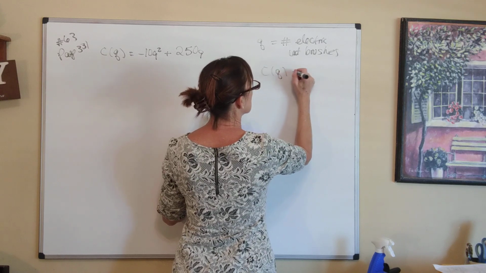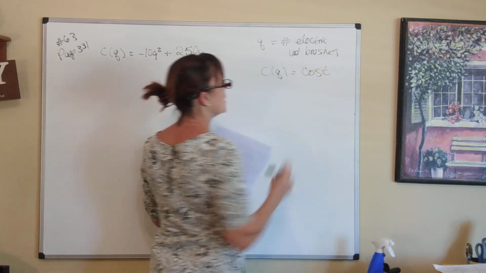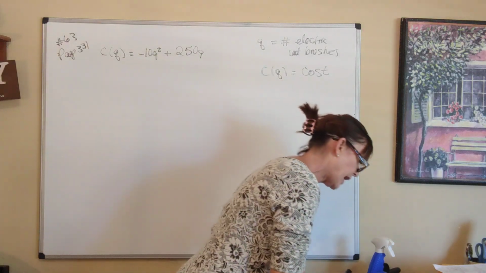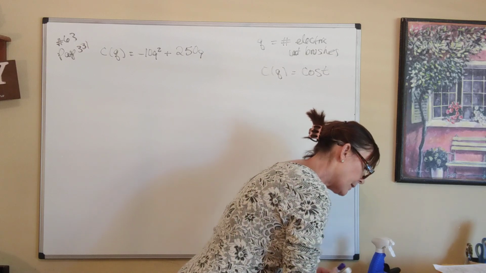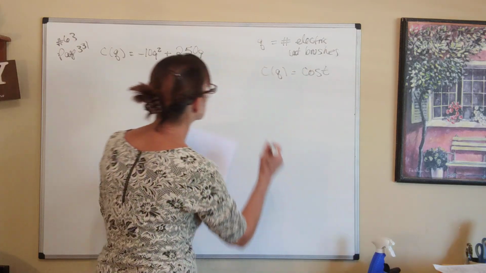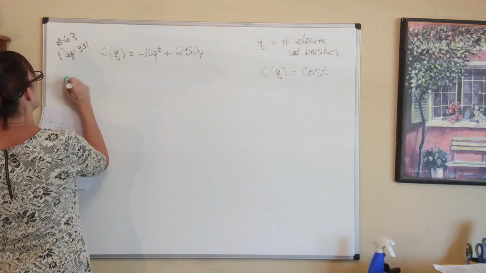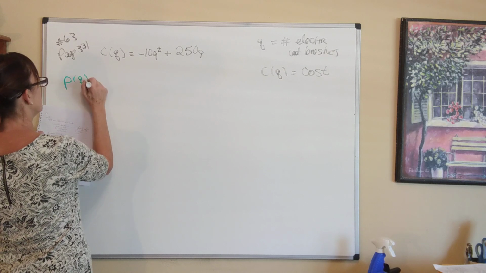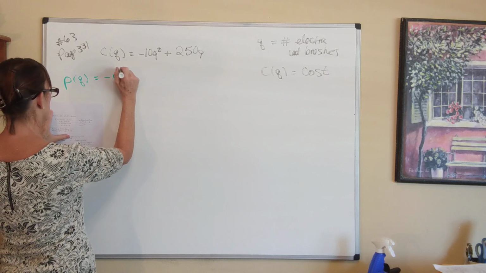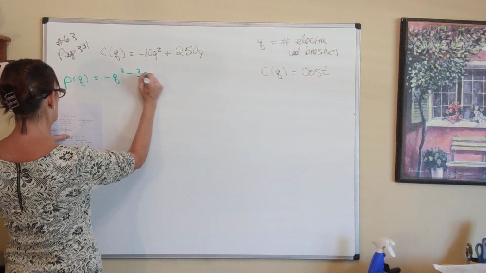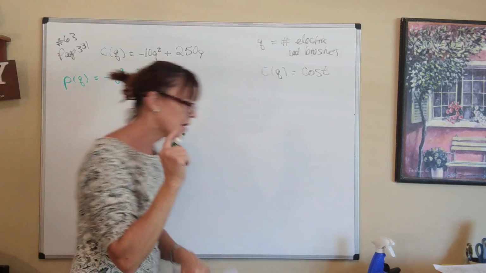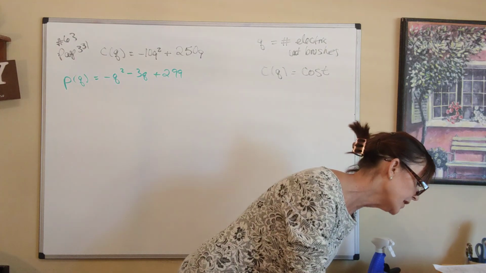C of Q is the cost of producing Q cat brushes, and then we have the price, which is given in terms of Q. So we also have the price, P, which is a function of Q, and it is equal to -Q squared minus 3Q plus 299.